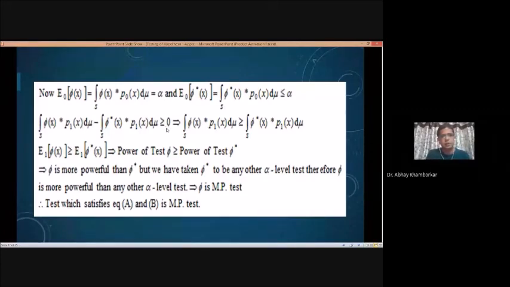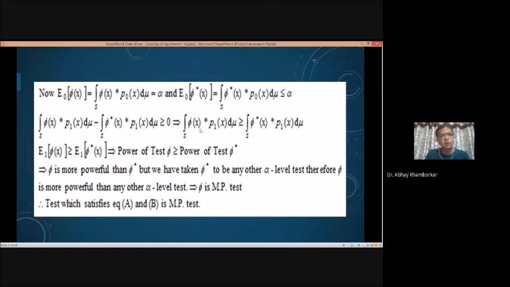Then it means that I can take this expression having a minus sign on the right hand side. So the resultant expression is integration of phi of x into p1 of x d mu greater than or equal to phi star of x into p1 of x d mu.